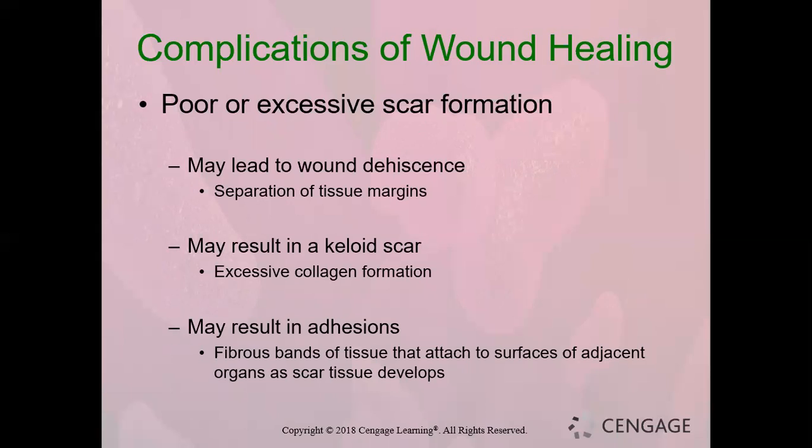And then again, we can get adhesions, which are fibrous bands of tissue that attach to the surfaces of adjacent organs as the scar tissue develops. You remember me talking in the last chapters about my sibling who had a neuroblastoma, and actually recently ended up having a tummy tuck that was paid for by insurance.